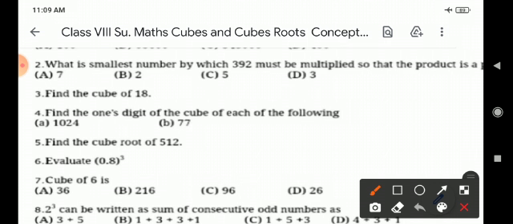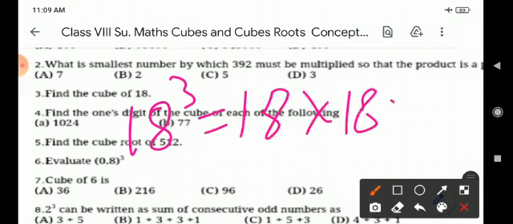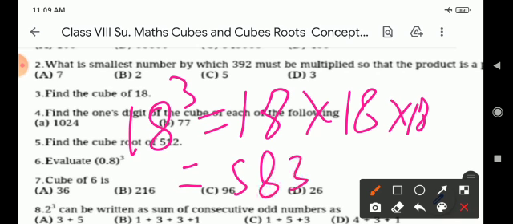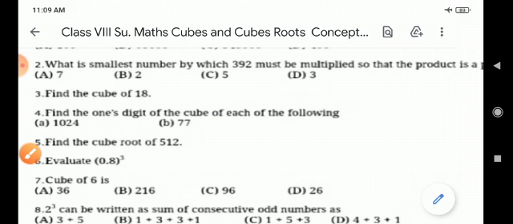That is 18 cube, 18 into 18 into 18, that is 5832. So question number 3, the answer will be 5832.